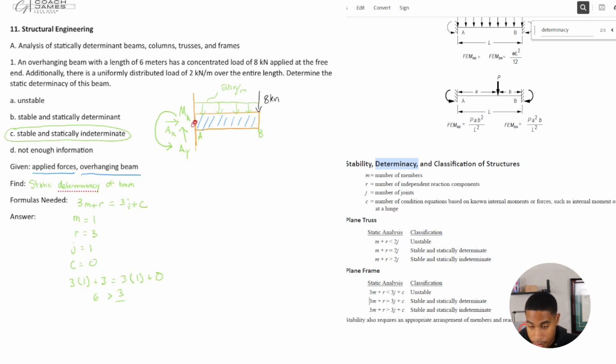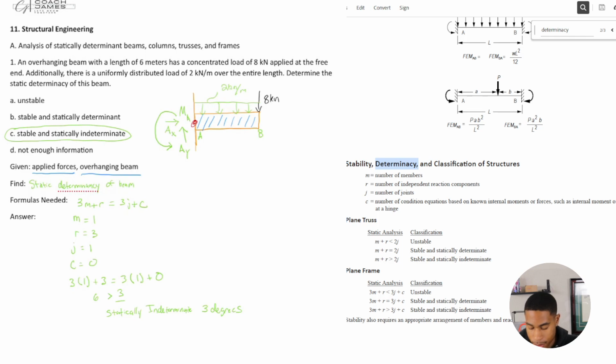Basically, I guess how to best explain this is if something is statically indeterminate, it has a certain amount of degrees to where it would be able to even out the equation. And so for this to be able to even out the equation, you would need 3 more on the other side to be able to even it out. So it's statically indeterminate for 3 degrees, basically, to the 3rd degree.